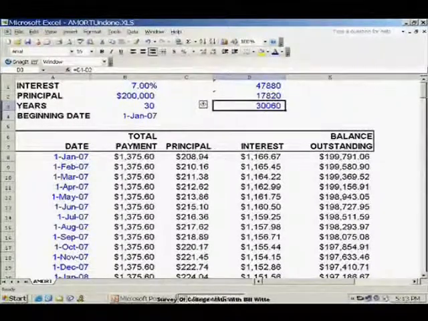Son of a gun. You have actually made $30,000, and that is as free and as tax-free as can be by putting away an extra $45 a month, if you could somehow come up with that. Even $10 a month would save you a lot. Okay, so this is a great trick when you have any loan, whether it be a car loan or whatever, a home loan especially, of getting yourself way ahead in the long run, and I hope you'll use it.